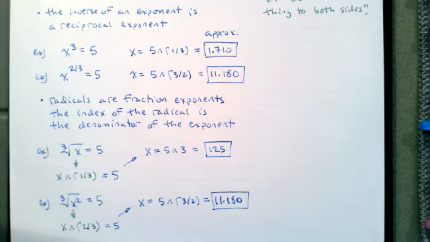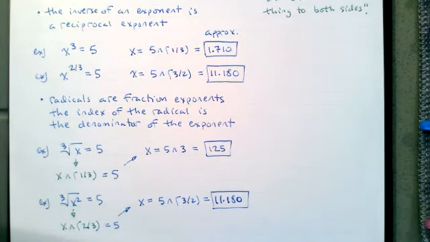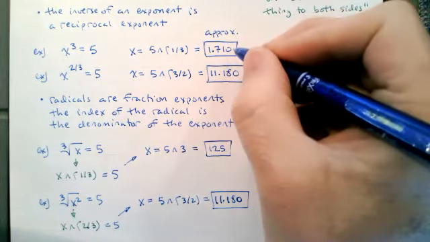So we want to read radicals as fraction exponents. The index of the radical is the denominator of the exponent. On a related note with the radical business, notice that here we have an approximate answer of 11.180.